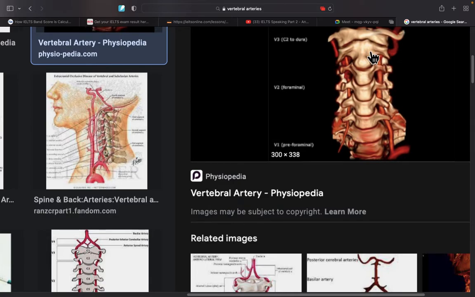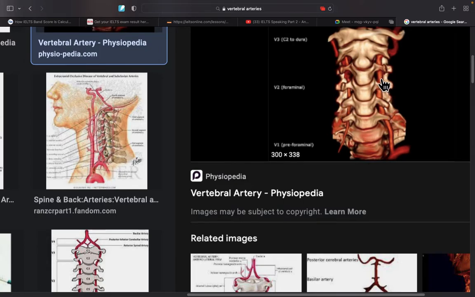But we saw that the vertebral artery doesn't pass through the transverse process of C7. See, it doesn't pass through C7, but it passes through C6. So it means that the transverse foramen is a typical feature of cervical vertebrae.